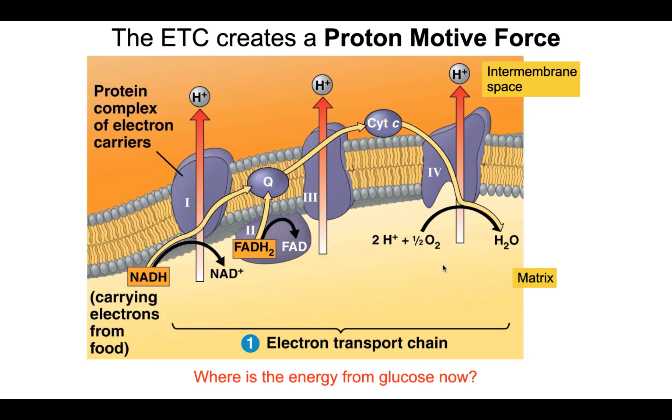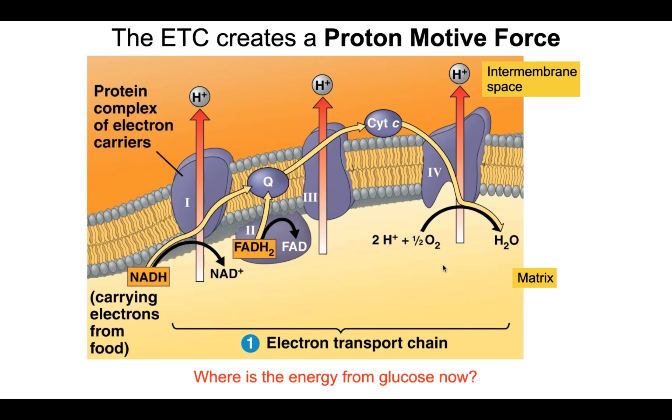Okay, so now what we need to do is figure out where is the bulk of energy from glucose. We have a couple ATP from substrate level phosphorylation that happened in glycolysis. We have a couple ATP that happened via substrate level phosphorylation in the citric acid cycle. But that's not the bulk of the energy that came from glucose. Where is it now?